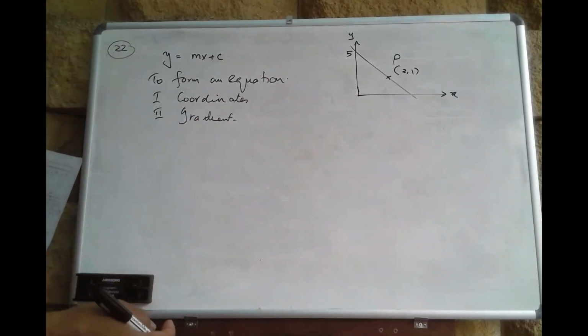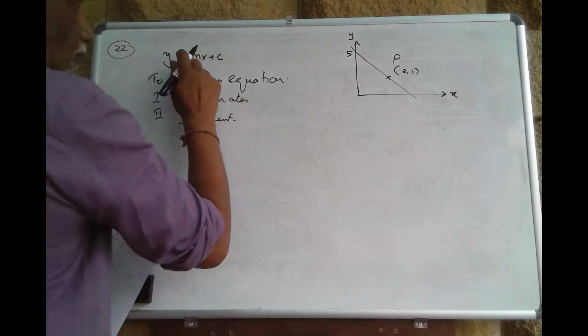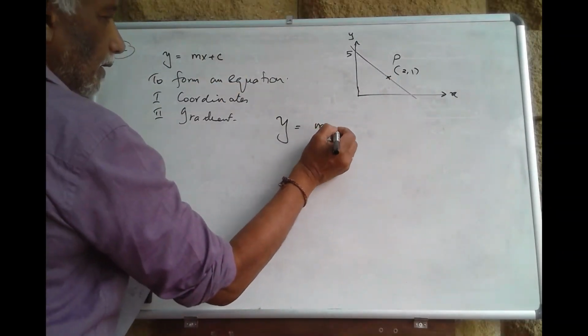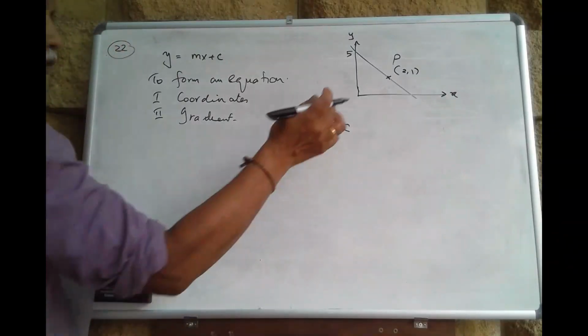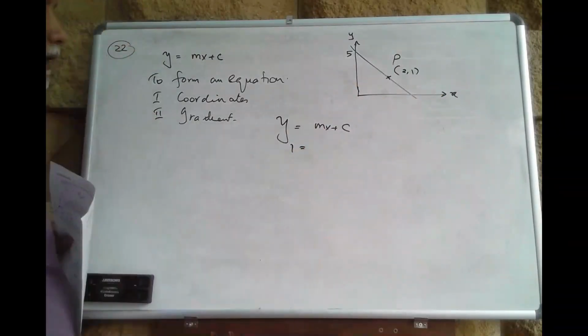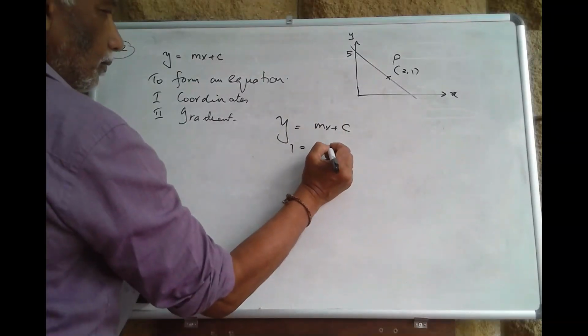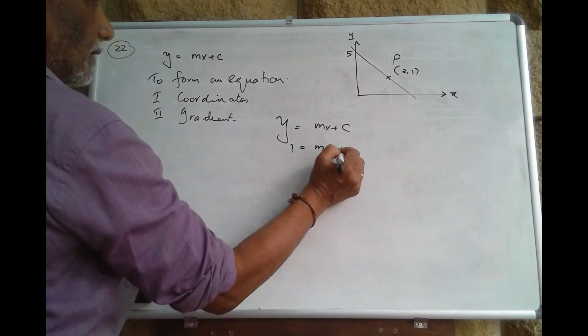In that case, if I substitute this value into this equation, y is equal to mx plus c: m we don't know, y is 1, x is 2, plus c is 5.